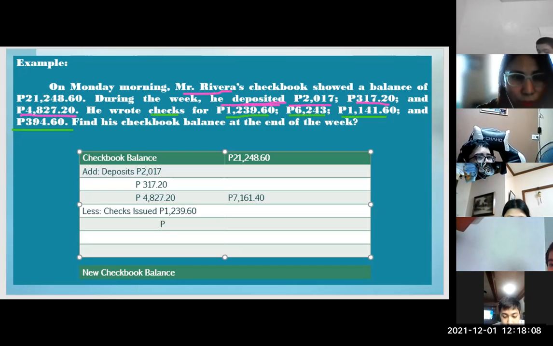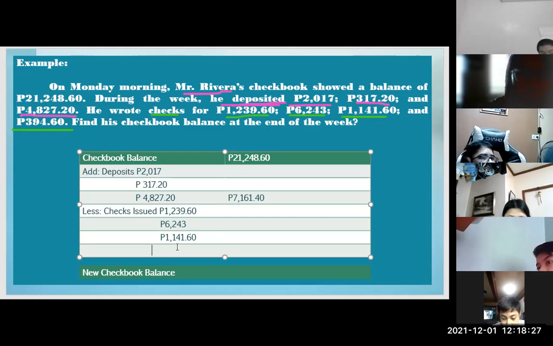Meron tayong 6,243. Another one, 1,141.60 and na isa pa po, peso sign 394.60.